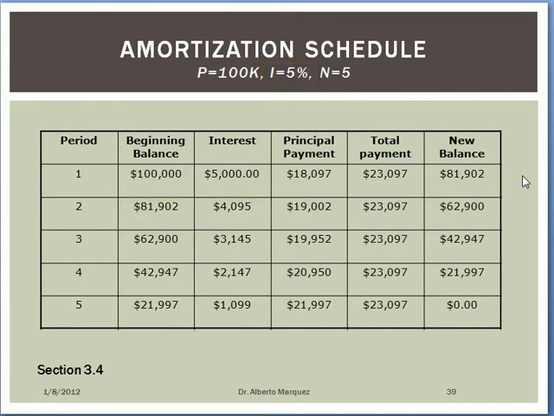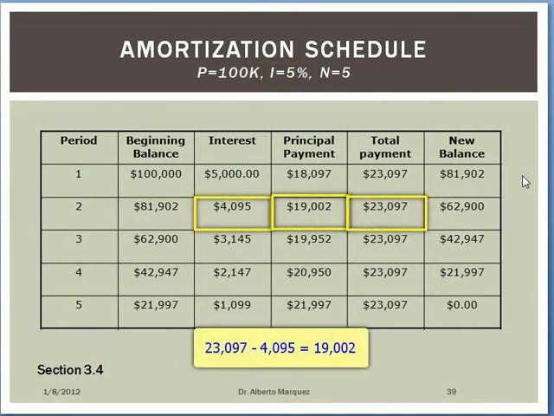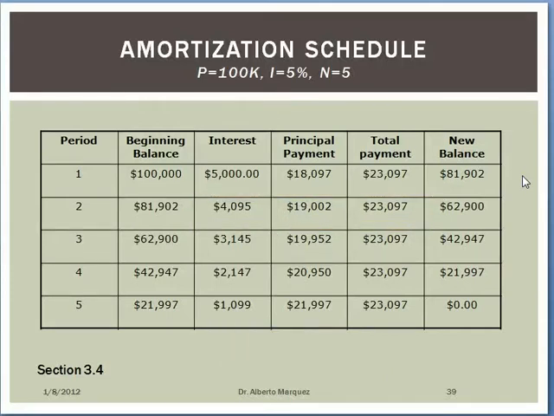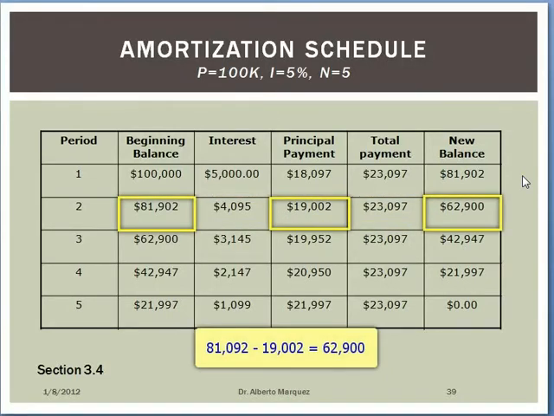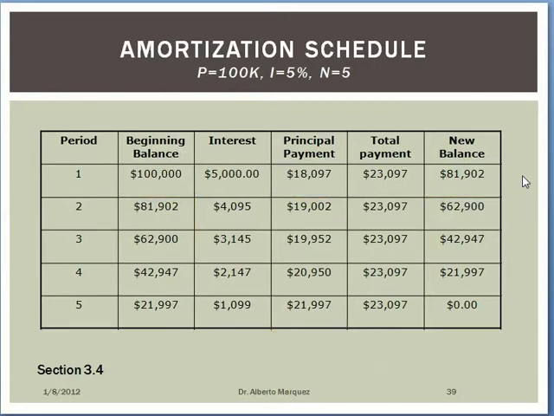We still make the same payment, $23,097, and therefore the amount that reduces what we owe is $19,002 this time. If we subtract $19,002 from $81,902, that leaves us with a debt of $62,900. And that's the balance at the end of period 2, which is the balance at the beginning of period 3.